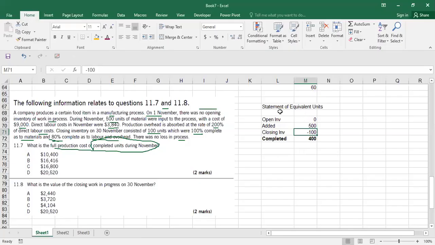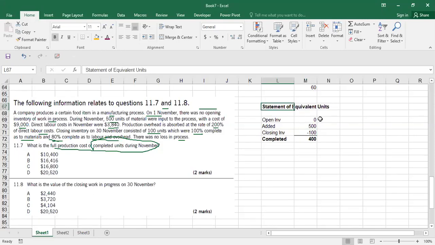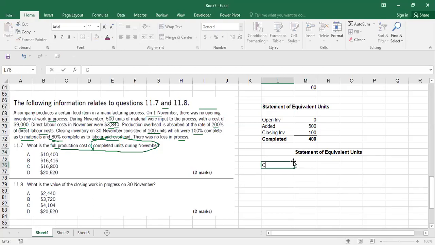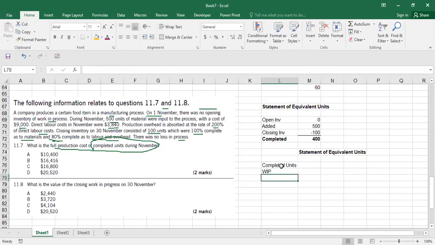So now we need to make our statement of equivalent units. We can just think of any format. Format is actually important in this calculation. You should say completed units and you have work in process. And let's suppose we write down here with respect to material and with respect to conversion cost.